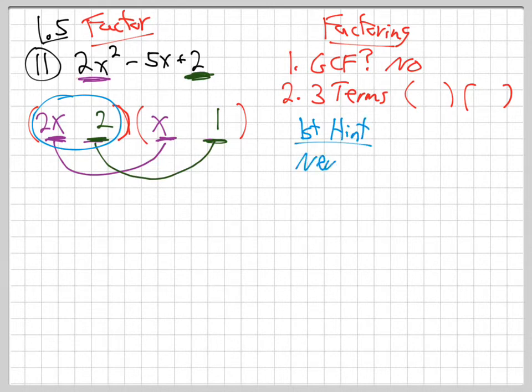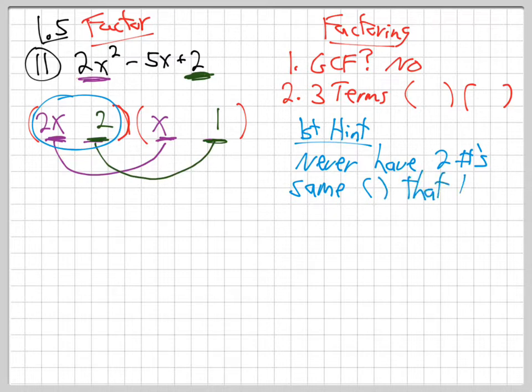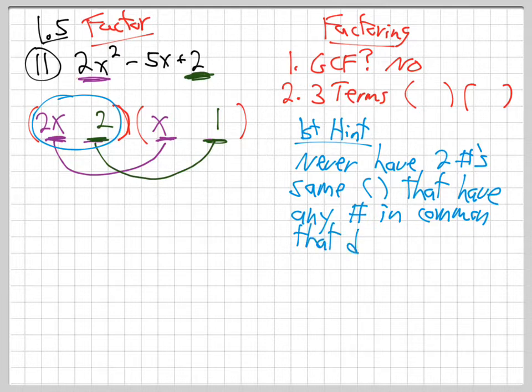You're never going to have 2 numbers in the same parenthesis that have any number in common that divides into both. So in other words, you can't have 2 and 2, and you couldn't even put a 2 and a 6 there. Never going to happen. Why not?